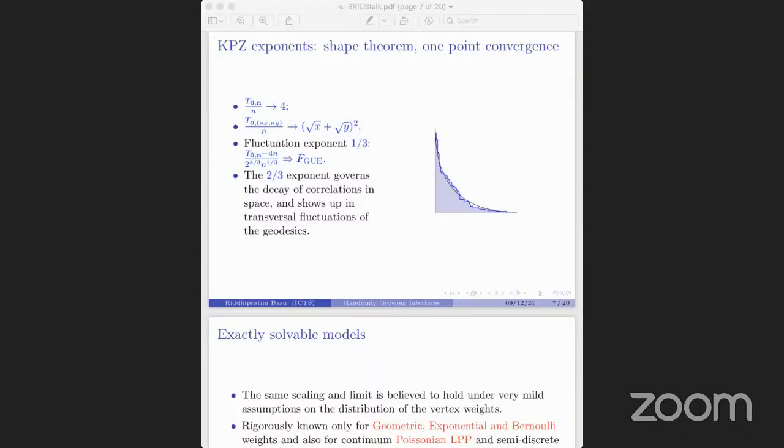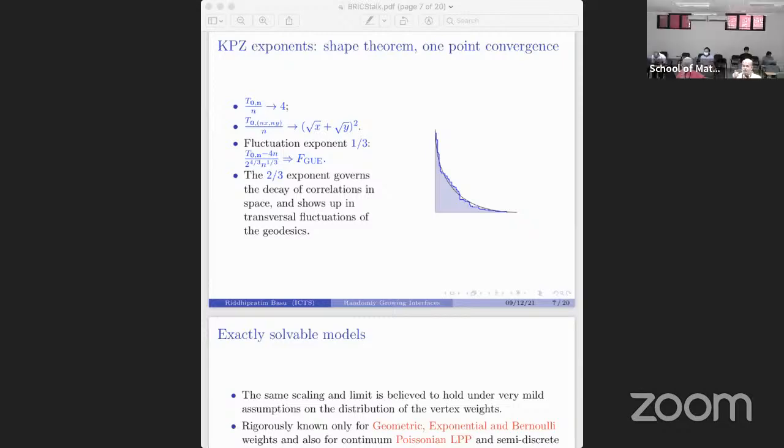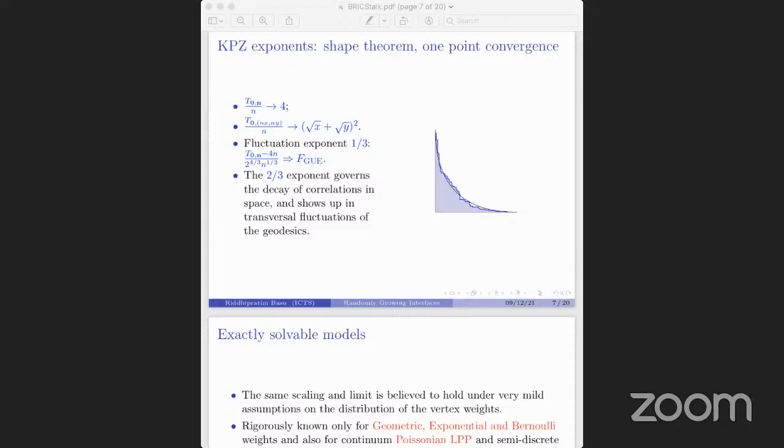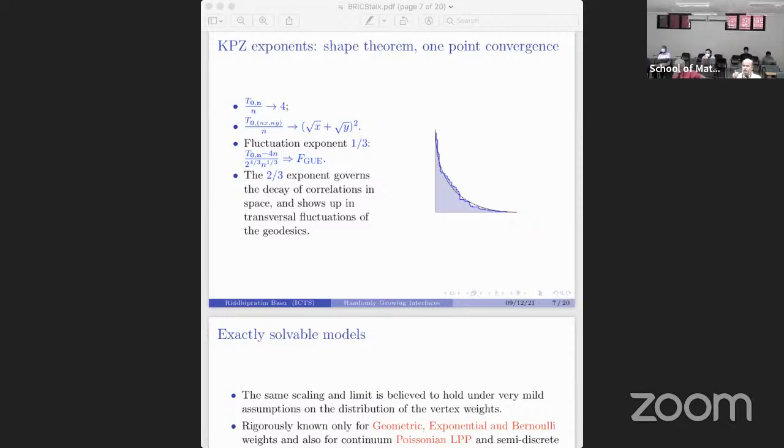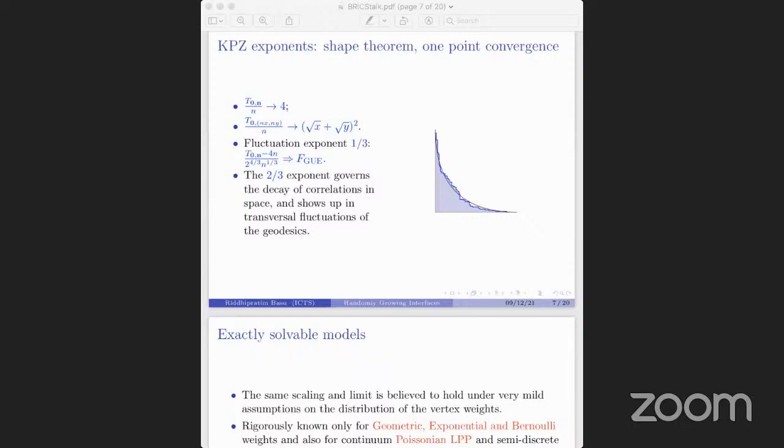So you mean the solution of the deterministic KPZ equation? Actually, unfortunately, I'm not very familiar with the PDE aspect of the literature, so I cannot give you anything concrete at this point.